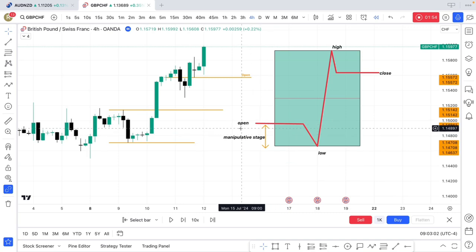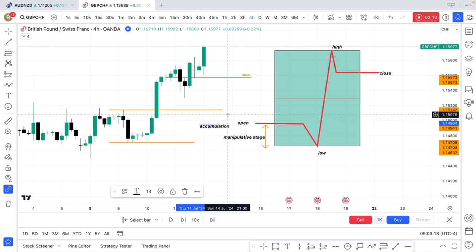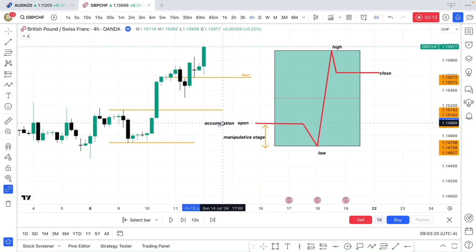So the market accumulates here. It does accumulation here. When it opens, it accumulates, and then it manipulates, and then what? It expands.